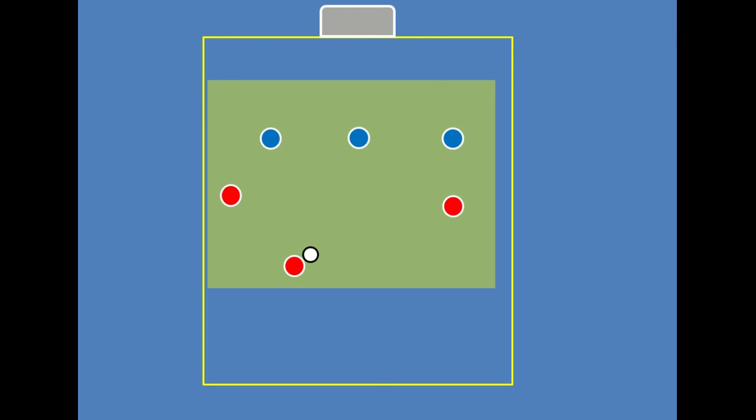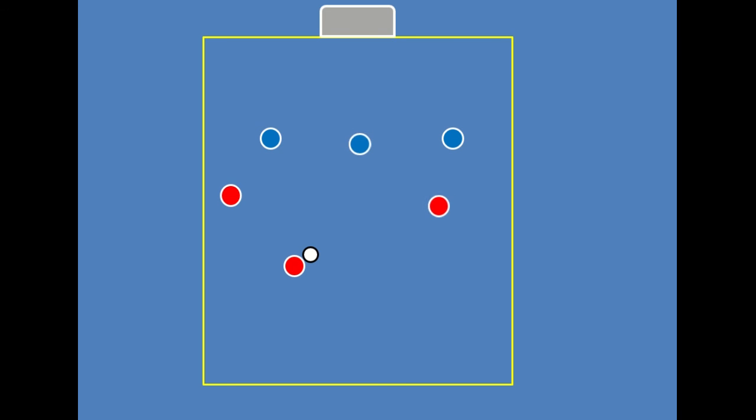So what we can do here is move infield, drawing a player out of their natural position, and with proper horizontal spacing, we can set up a 3v2 situation here. So we're creating a space where we've got the free player. So we're looking at blindside runs here, ball into feet, and a ball in behind. That is just one possible situation that may occur.